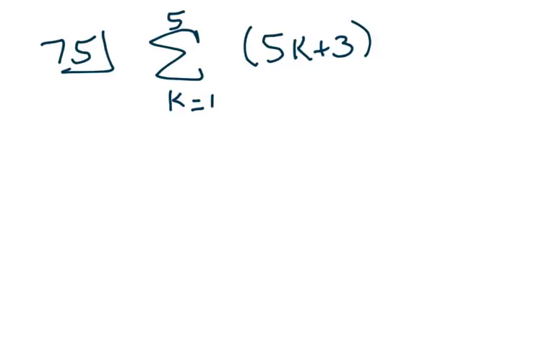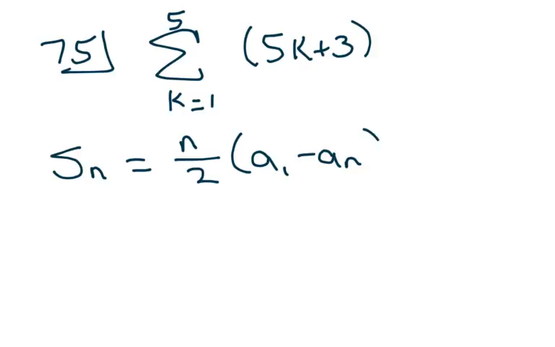All right, 75. We have the sum of 5, k equals 1, and we have 5k plus 3. So they want to find the sum of this, and remember the sum formula for this is n over 2 times a sub 1 plus a sub n.